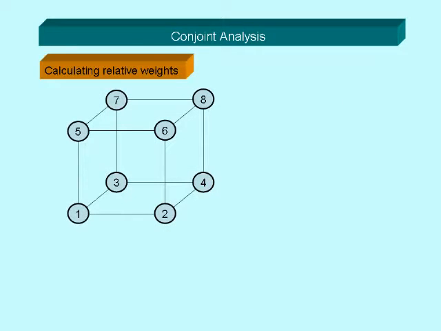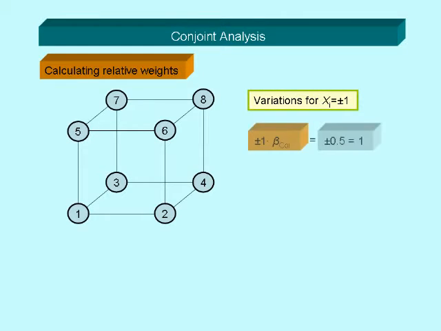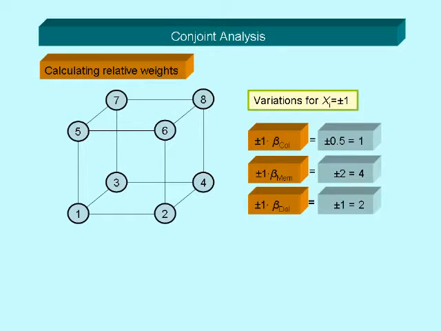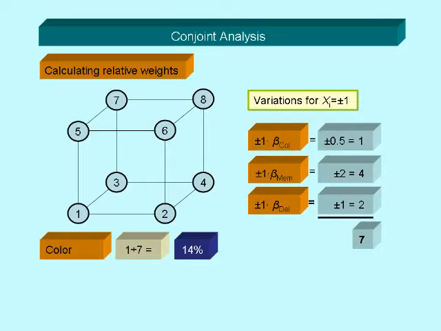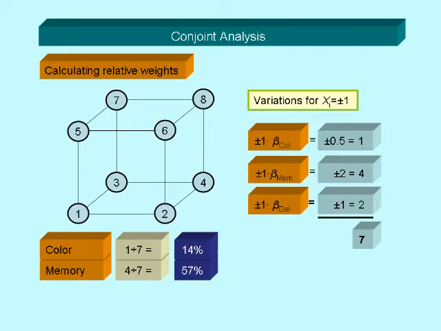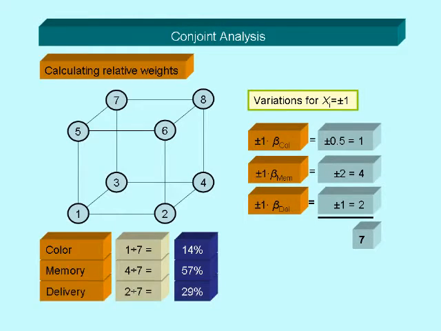To calculate the relative preference for each individual attribute, we have to look at the total range of variations for our level x equal -1 and +1, which is 7 in our example. So for the attribute color, we get a relative preference of 1/7 or 14%, for memory 4/7 or 57%, and for delivery 2/7 or 29%.